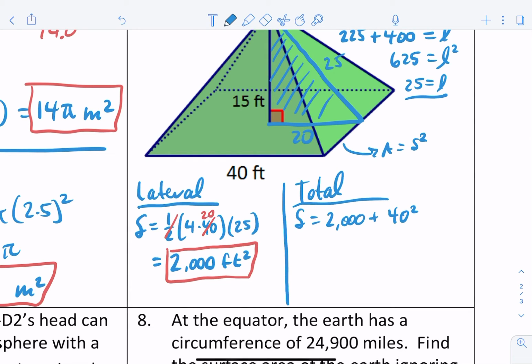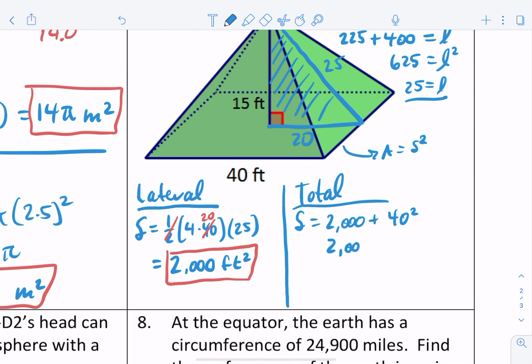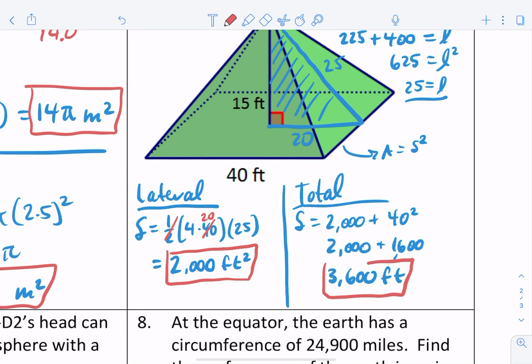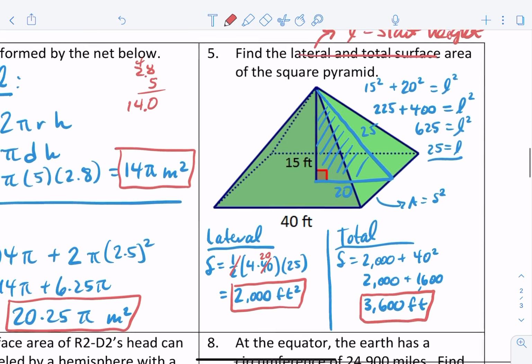Let's see, 4 squared, of course, is 16. So 40 squared is going to be 1,600. So 2,000 plus 1,600 makes 3,600 square feet. Now we have ourselves the total surface area of our pyramid.